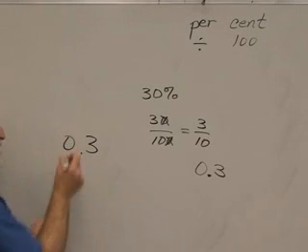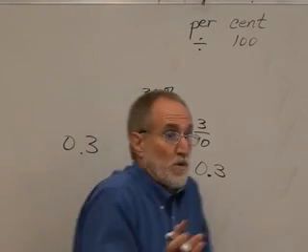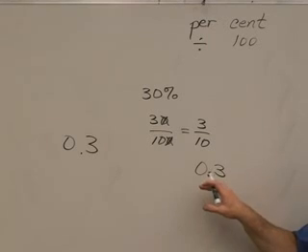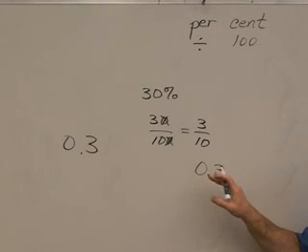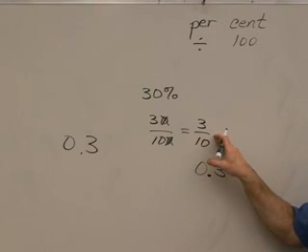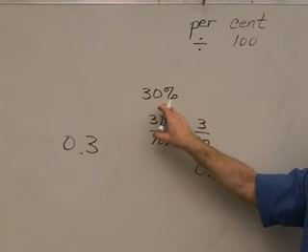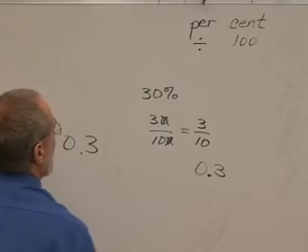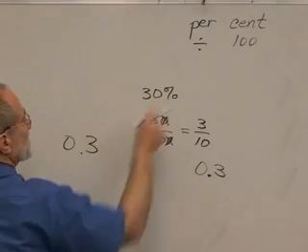But if there's a 0 in front of it, that alerts us right away, because normally numbers don't have 0 in front of them. Okay? So here's a decimal. It's exactly the same amount as this fraction, which is exactly the same amount as this percent, isn't it?